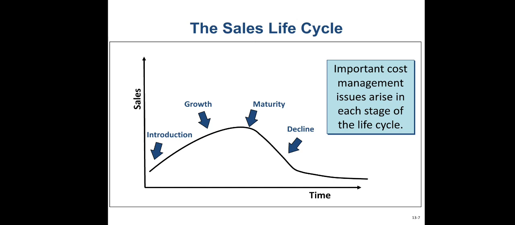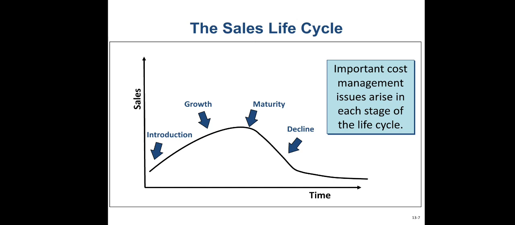Maturity step is the point where the quantity of sales at the top point cannot go more than that, and then the quantity will decline, and the product will exit the market.